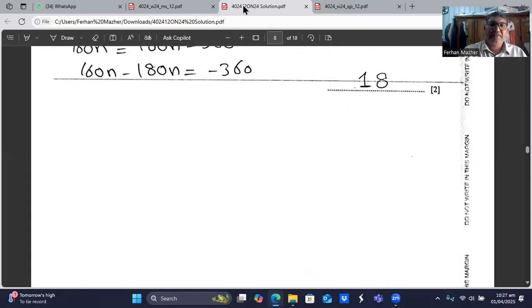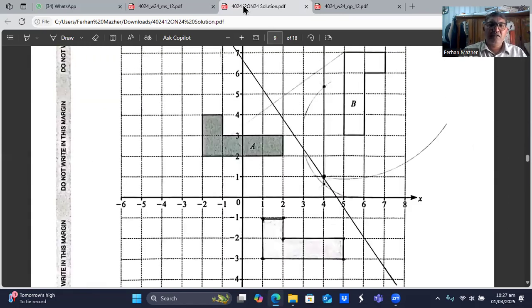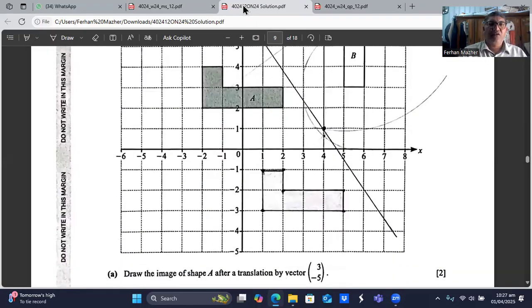I have done this. For example, this point: 1, 2, 3, then 1, 2, 3, 4, 5. So I put a dot here. For example, this point: 1, 2, 3, then 1, 2, 3, 4, and 5.